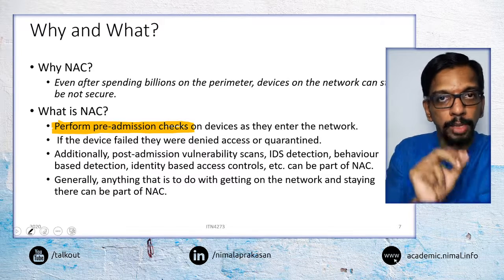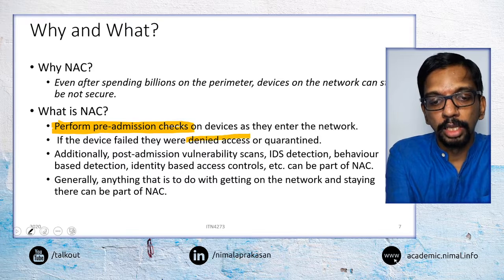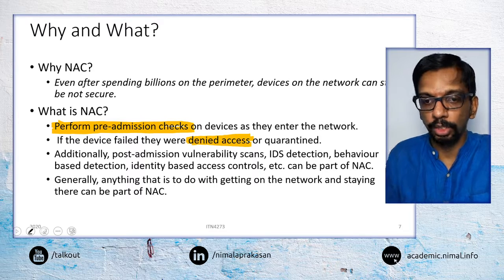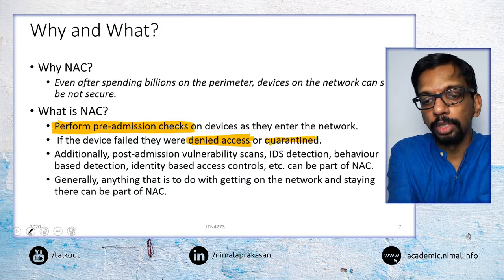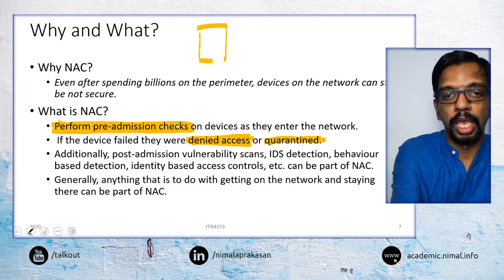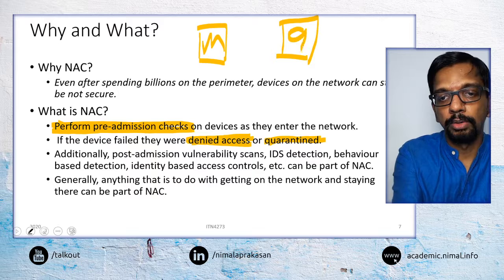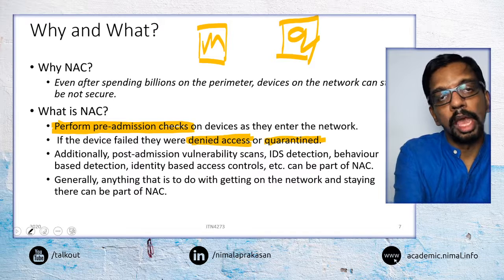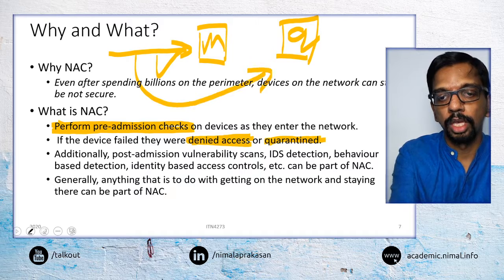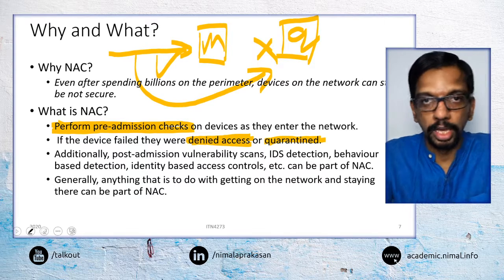If it fails that check, either the access can be denied, so the device cannot access at all, or it can be put into a quarantine network. So say we have the main network and a separate quarantine network. If the access is okay, we add the device to the main network. If it is not okay, we put it in the quarantine network, or we can deny the access altogether.